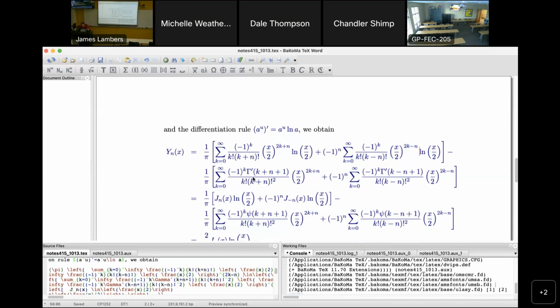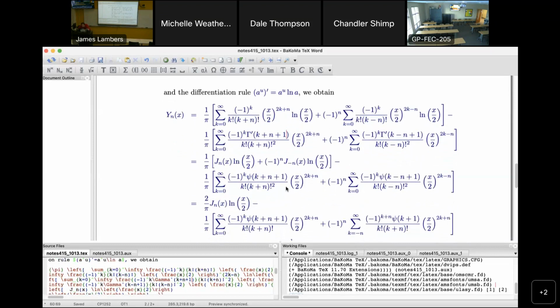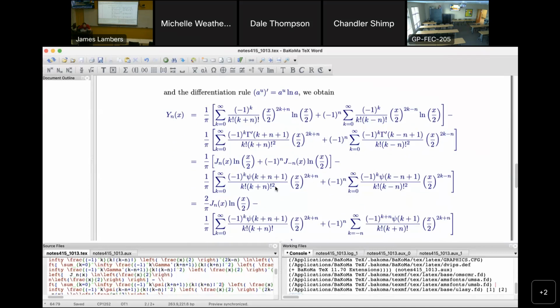As for the other terms, here I have gamma prime at k equals n plus 1. This is my fallibility. I've already spotted a mistake, so I have to be very careful when I edit.